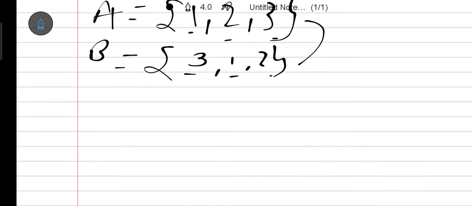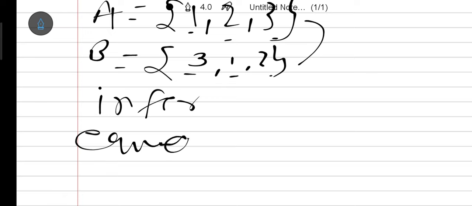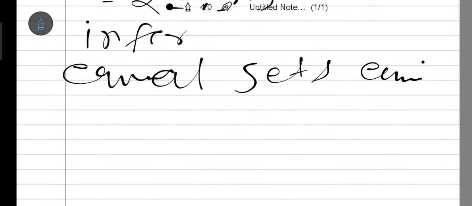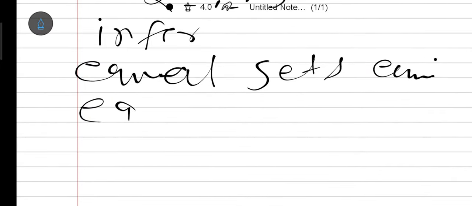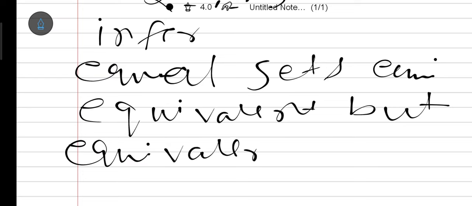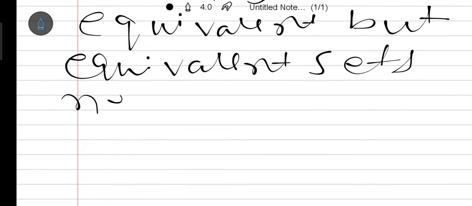So from here we infer, and this is a point to be noted, so you can note it down: equal sets are equivalent, but equivalent sets need not be equal.